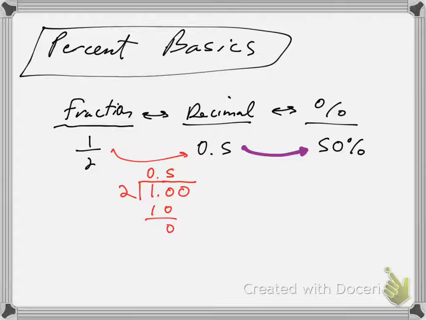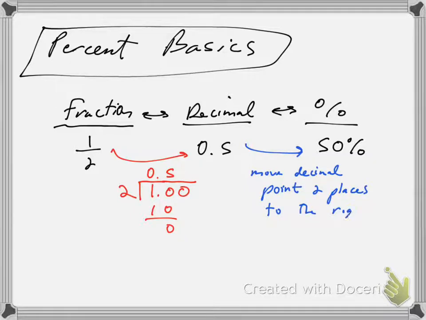To change a decimal to a percent, we move the decimal point 2 places to the right.